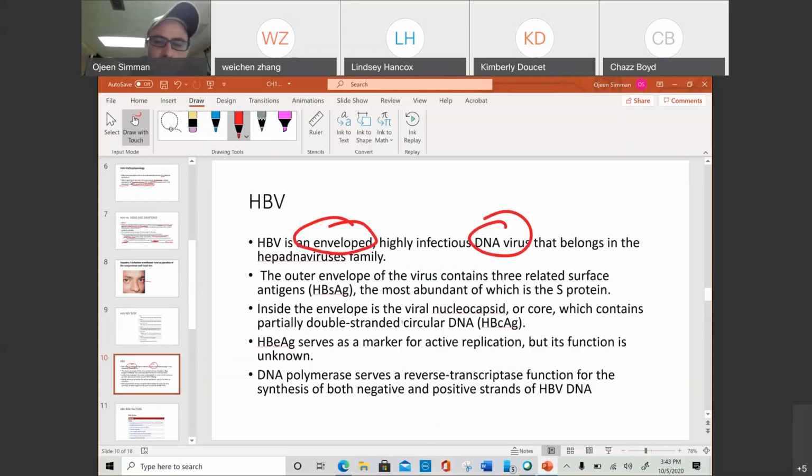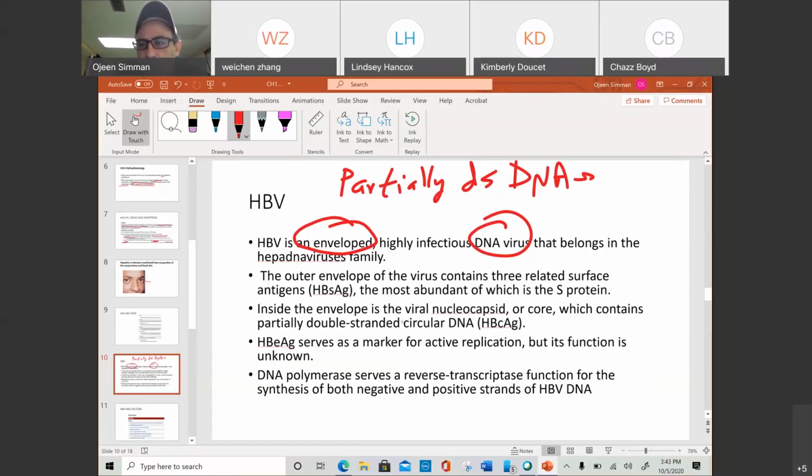The DNA is considered partially double-stranded DNA, and the DNA itself is actually circular. It has a circular shape.